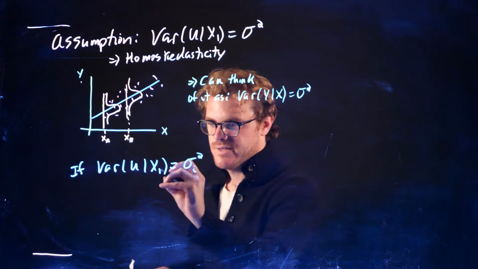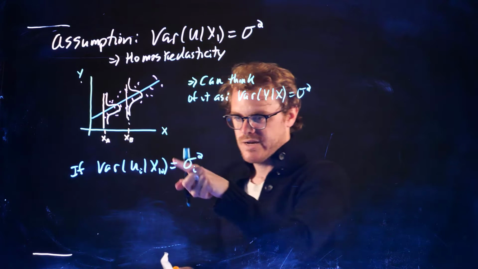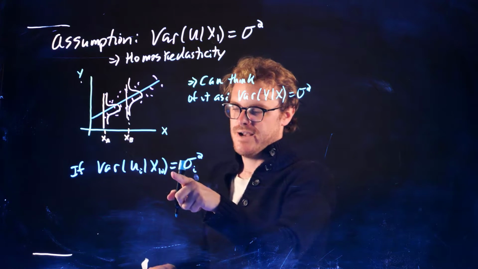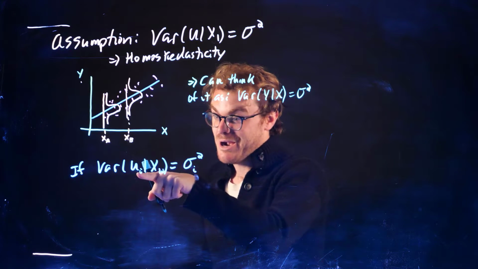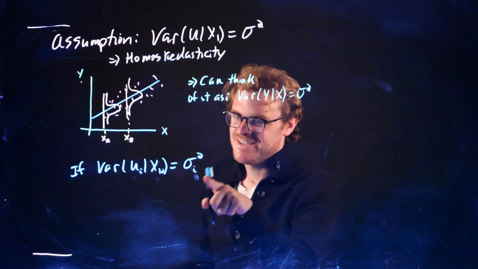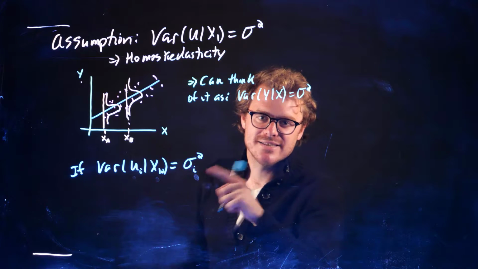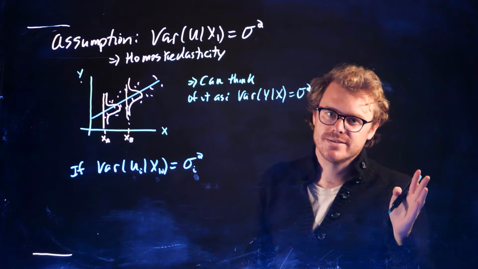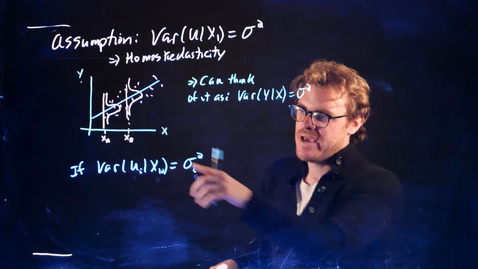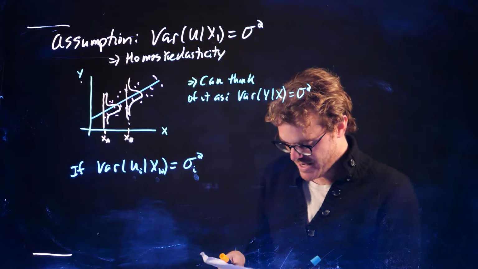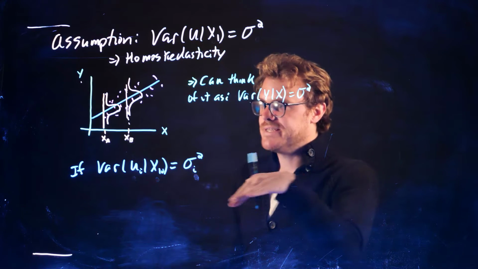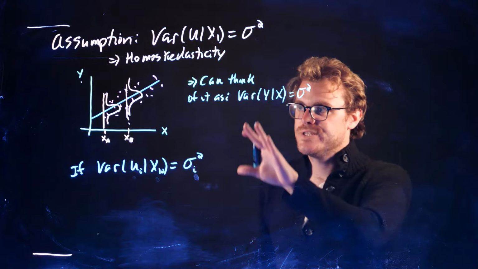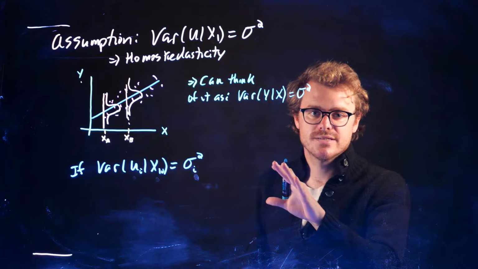It's saying that the variance of u at a particular level of x changes. That's why the i subscript indicates it's changing, whereas if we don't have an i subscript, that means it's constant. It doesn't depend on i, it doesn't depend on the level of x. Again, this is a big assumption that's probably not going to hold in many cases, but we're going to assume it's true when we're deriving the variance of our estimator.